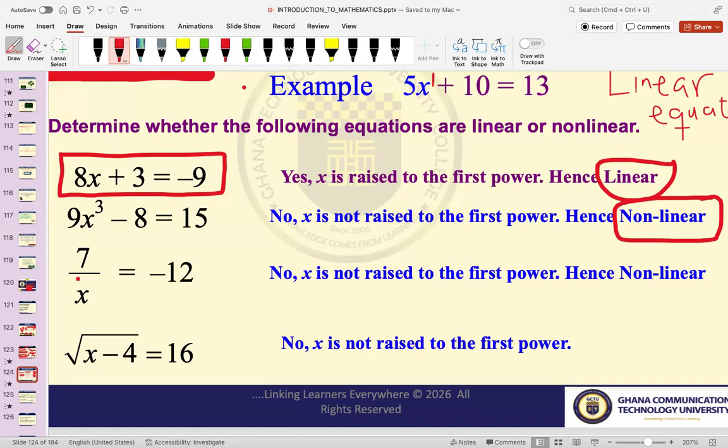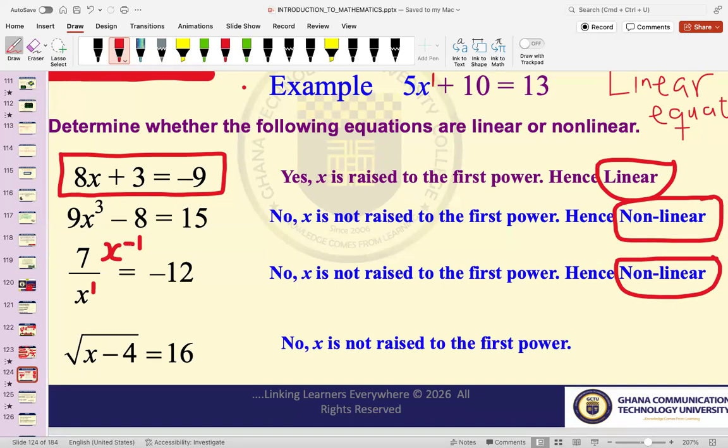Look at this one too, 7 over x. This x, if you are bringing it, it's raised to the power 1 like this. But when you are bringing it up, it will become x raised to the power -1. And because it is not x raised to the power 1, it is also called non-linear because we are seeing a negative number there.